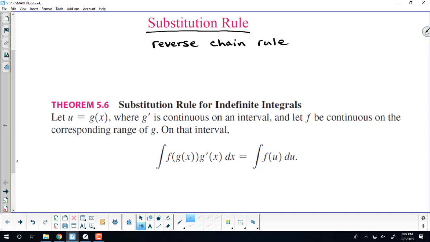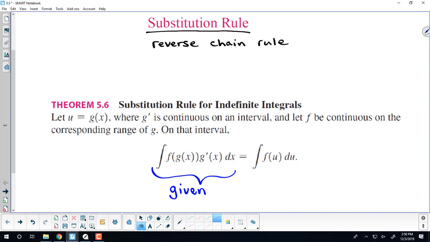And so what it says is, if we start off with this integral here, this one here would be on the left. That's typically of the form of an integral that's given to you. It says find this antiderivative.